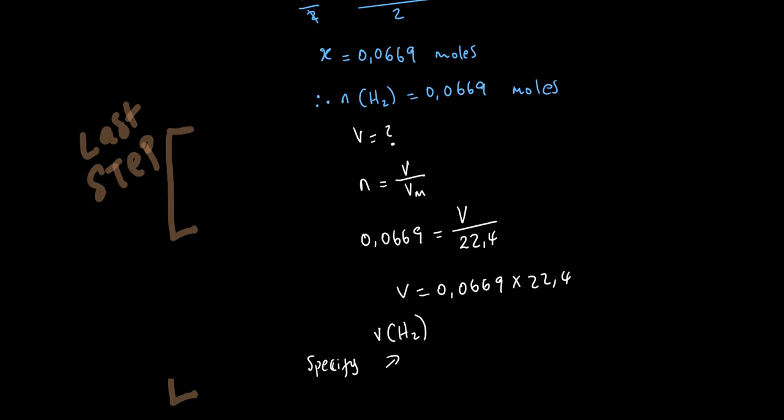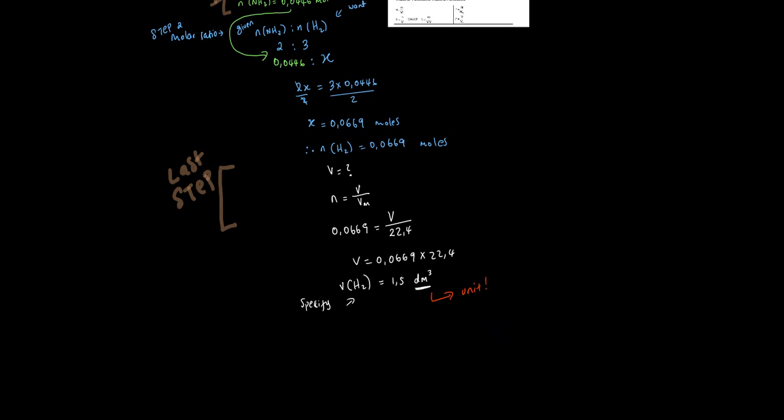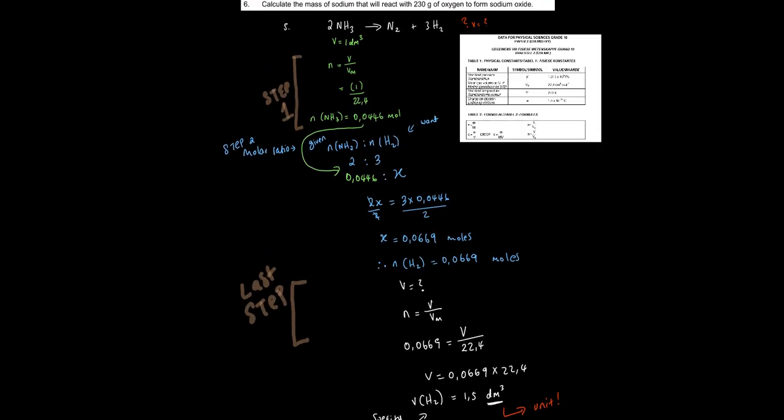So you must specify. So the answer that you then get is 1.5 decimeter cubed. And use the correct unit. Again, unit is important. The correct unit. That's your last step. Good people, in that way you have solved the problem in 3 easy steps.